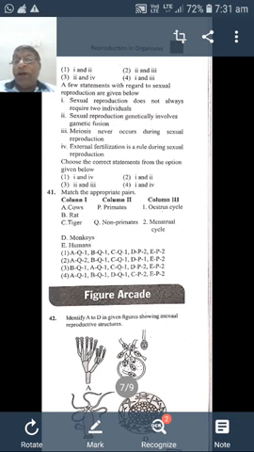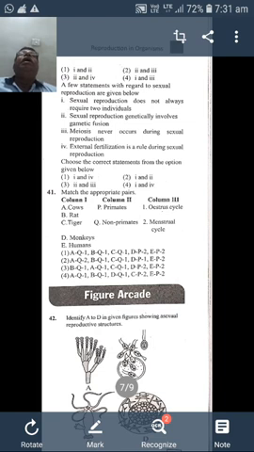Sexual reproduction genetically involves gametic fusion. Yes. During sexual reproduction, the male and female gametes are formed. They must fuse. Fertilization must take place. Yes. Meiosis never occurs during sexual reproduction. Wrong.